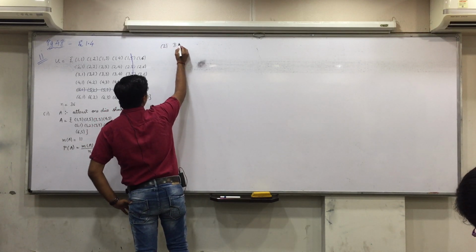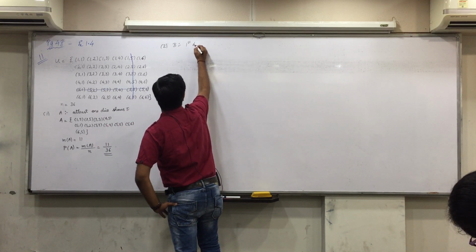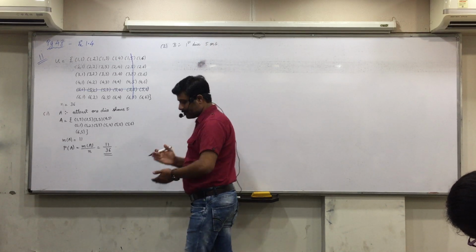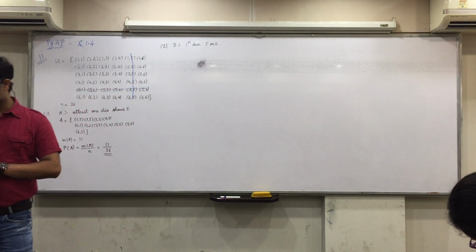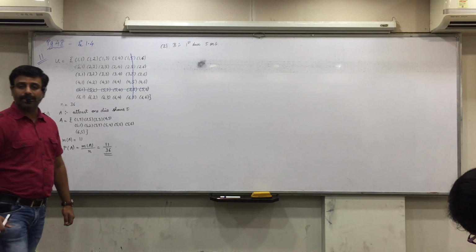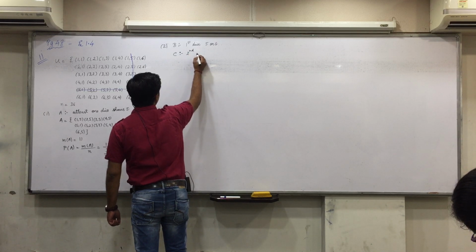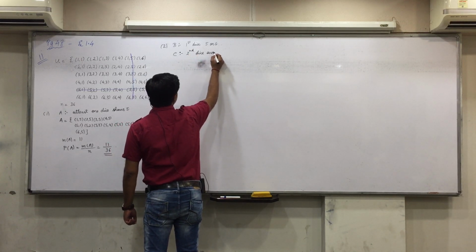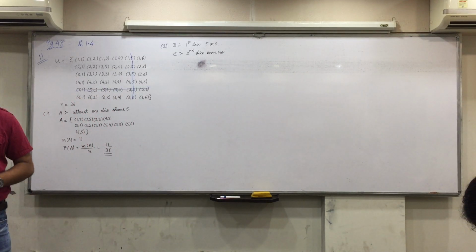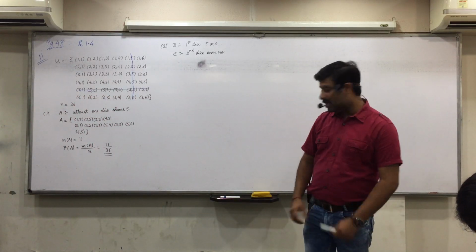So let event B be the event that first dice shows 5 or 6. Let event C be the event that second dice shows even number.